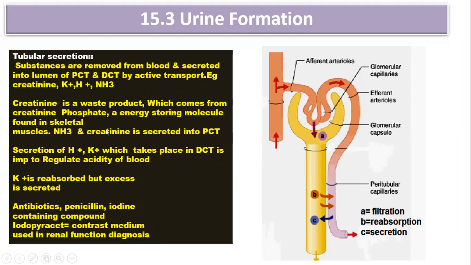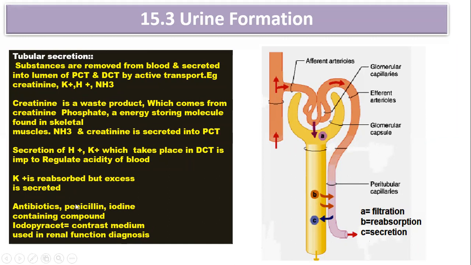Ammonia and creatinine are secreted in the PCT, whereas H plus and K plus ion secretion takes place in the DCT and is important to regulate the acidity of the blood. Sodium is reabsorbed, but the excess is secreted. Antibiotics like penicillin and an iodine-containing compound called iodopyracet are also secreted. Iodopyracet is used as a contrast medium in renal function diagnosis.